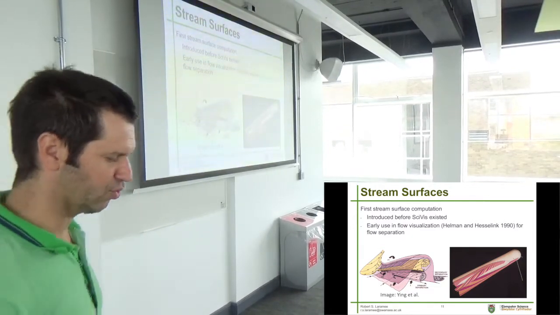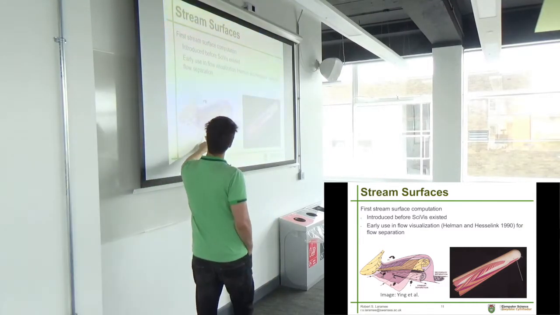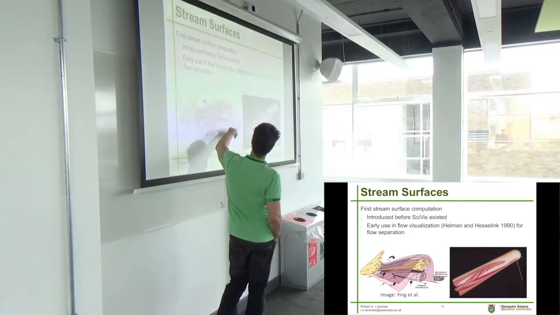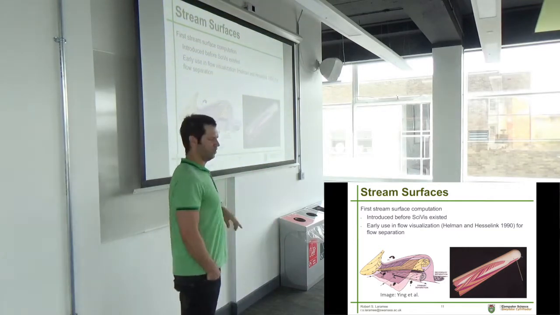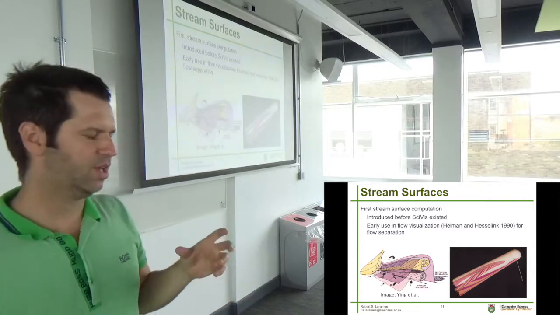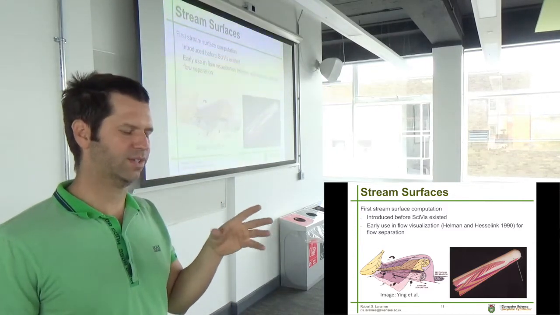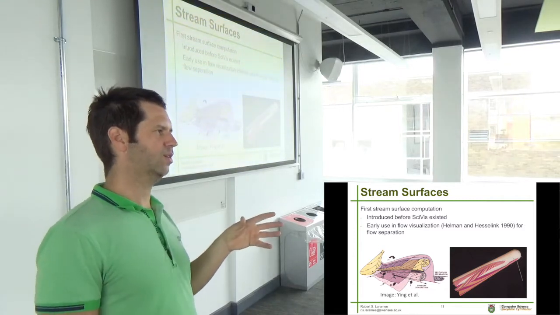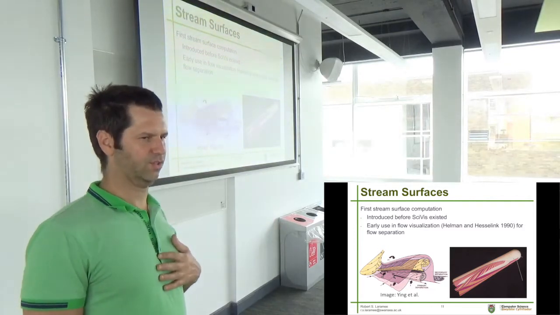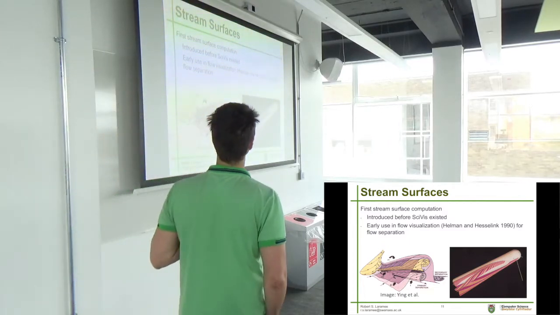Here's a hand-drawn stream surface. Somebody drawing it manually. So conceptually, these stream surfaces have been around for a long time. The world of fluid mechanics has existed a lot longer than the field of data visualization. So fluid mechanics introduced this idea of stream surfaces a long time ago.